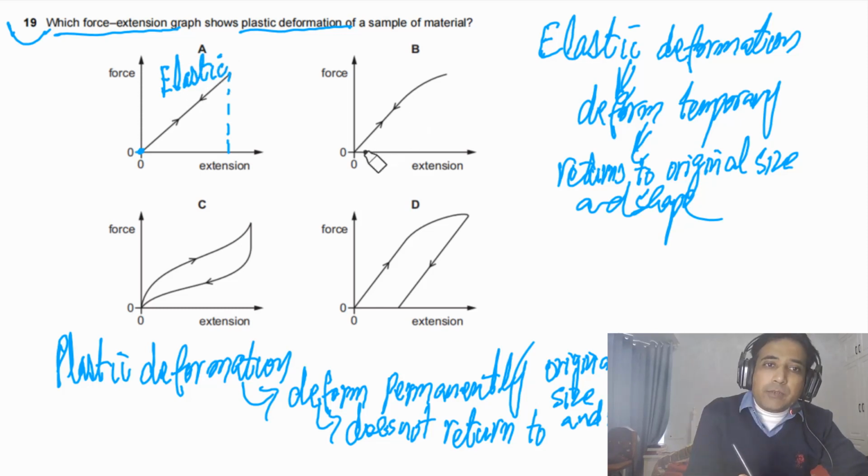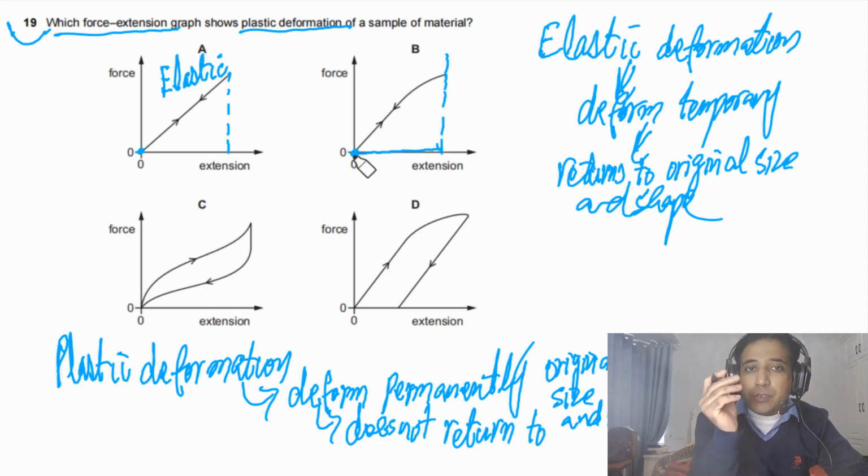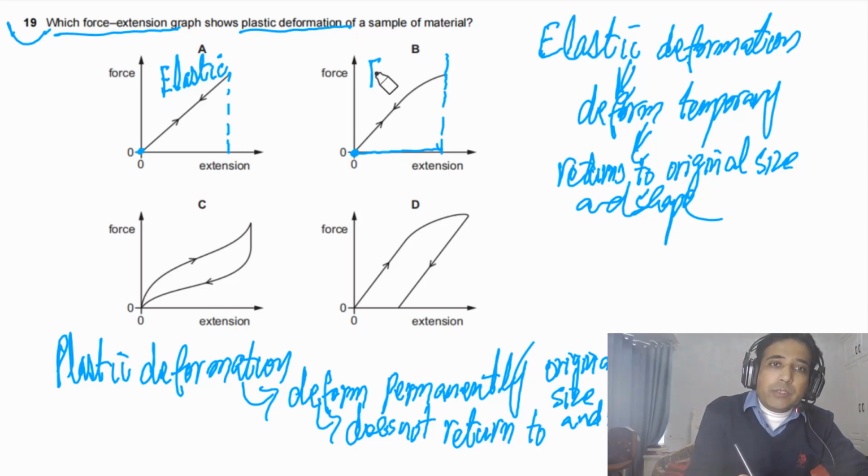Now if you look at this one, when we apply the force, the extension is this much. But when we remove the force, it comes back to this point again. So there is no extension when we remove the force, so this is also elastic.